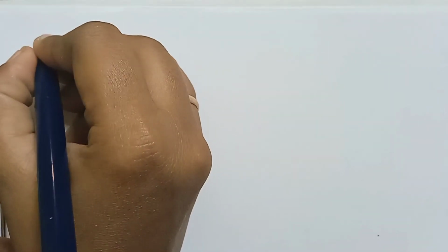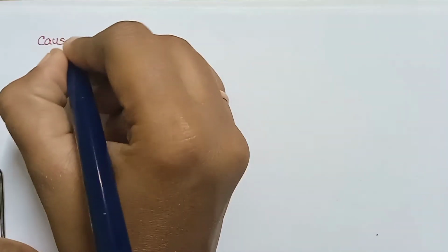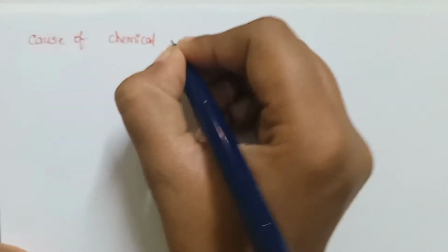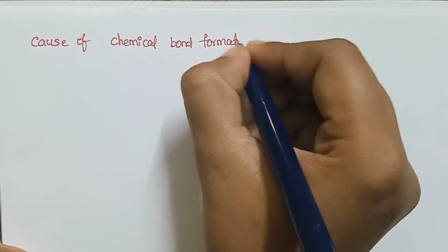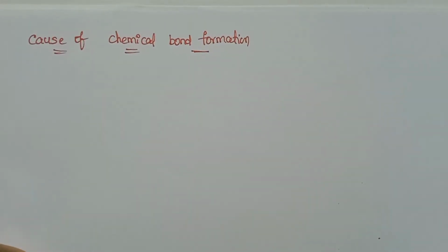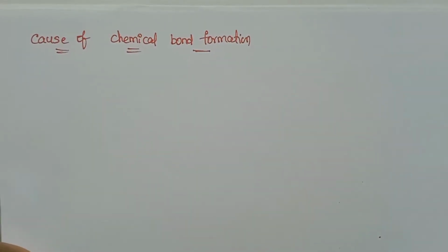Next, cause of chemical bond formation. To gain stability, atoms can form a chemical bond.